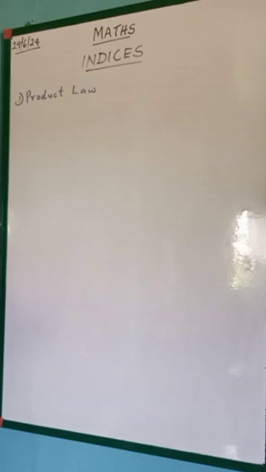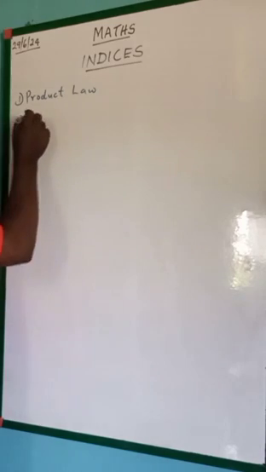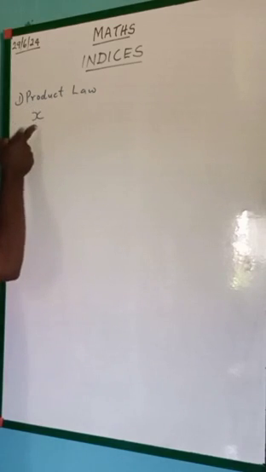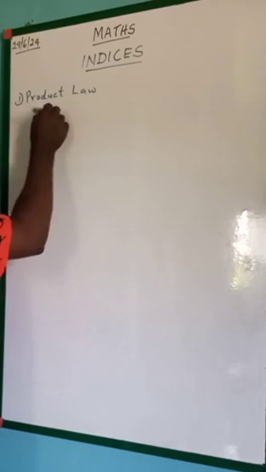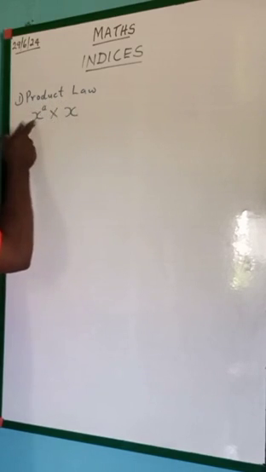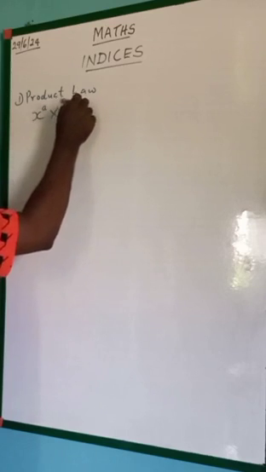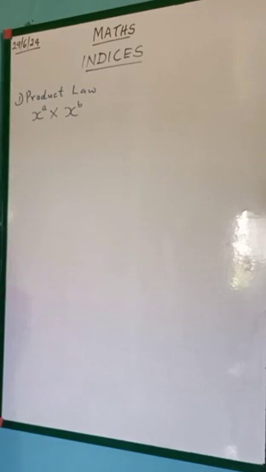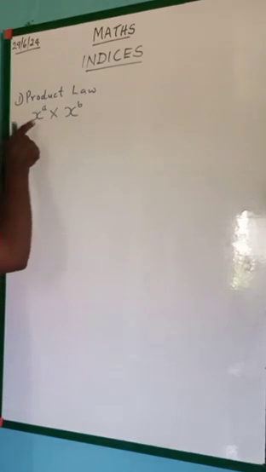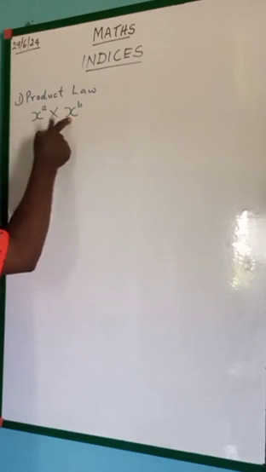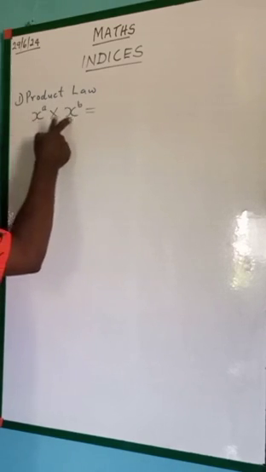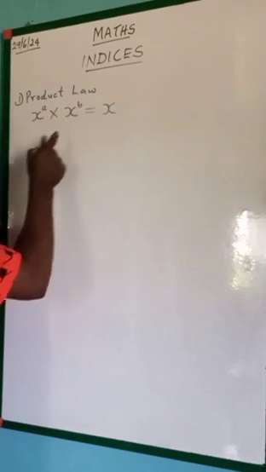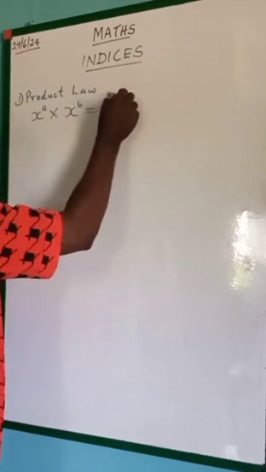The product law of indices has it that if you are having two numbers of the same root number raised to another number, multiplied by the same number having the same root number raised to the same or a different number, the law says that the product of numbers like this, having the same foundation number and the same or different power, is equal to picking one of the root numbers, which is in this case x, and adding their powers together.